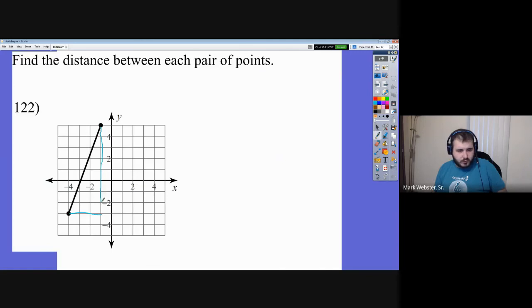Right, because that's where the distance formula comes from. It's just an application of the Pythagorean theorem. All I have to do is say, all right, well, this side is 3, right? This side 1, 2, 3, 4, 5, 6, 7, 8, and then a squared plus b squared equals c squared.